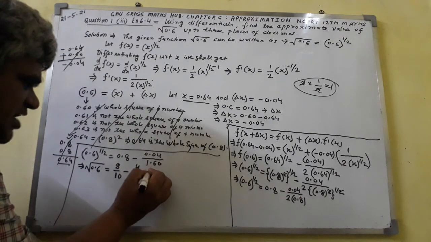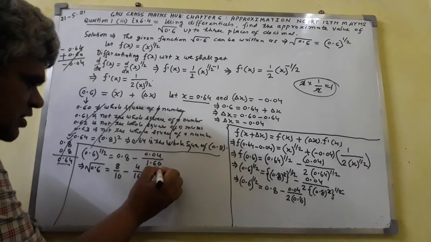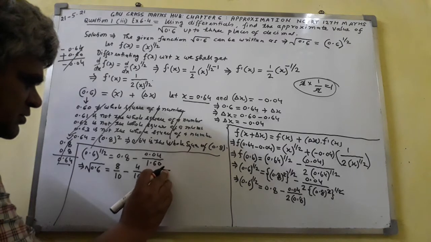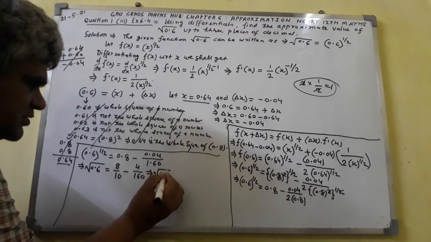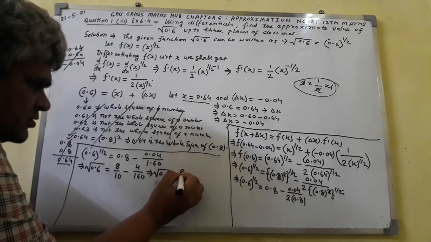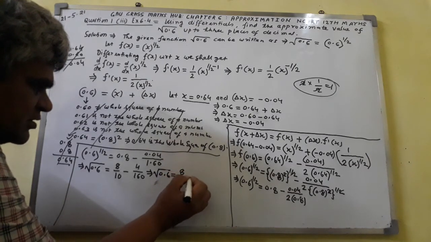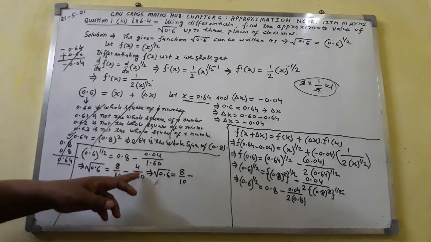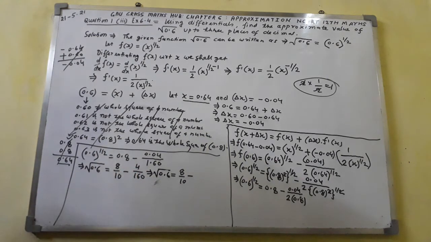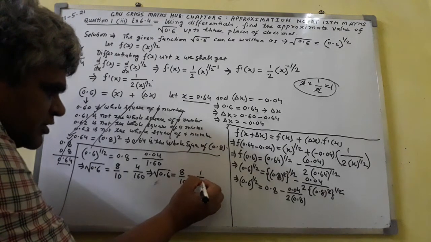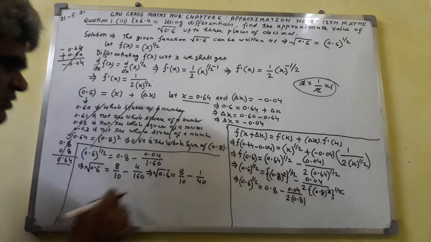Next here I shall write, implied that, under root 0.6 equal to 8 over 10 minus, here 4 and 160 will be cancelled out. So here you will get 1 over 40. This one you will get.